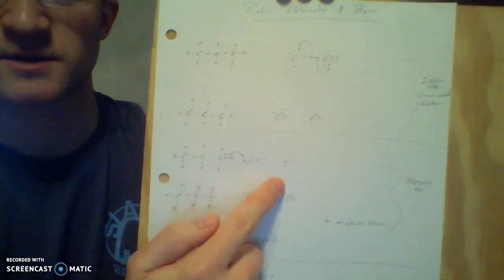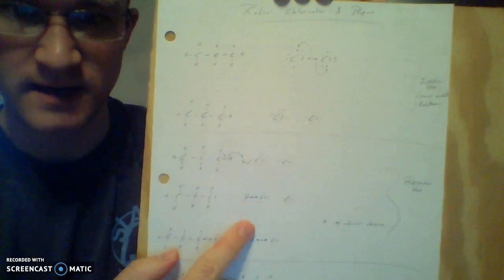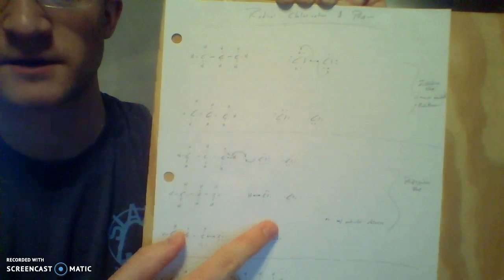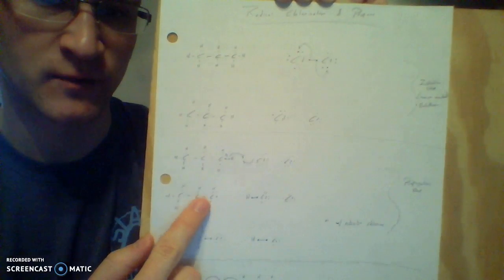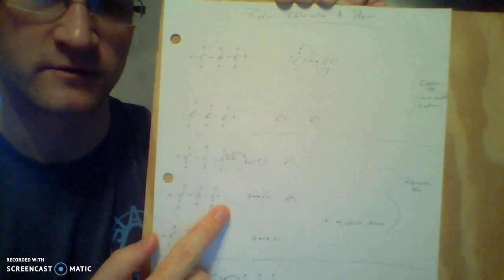And then way over here we still have our other chlorine free radical. So we can see that this chlorine and the hydrogen became bonded to each other. We still have this free radical chlorine on the outside here, and we have this free radical electron on the end of that hydrocarbon chain.